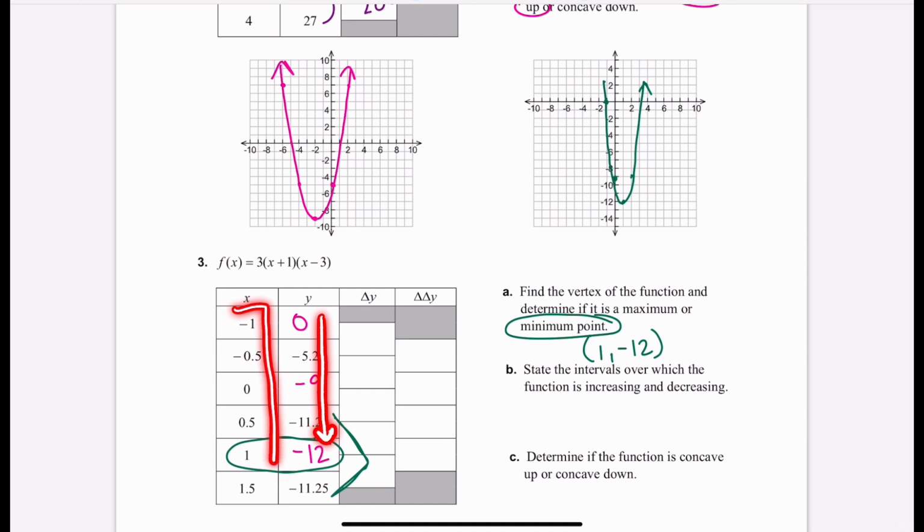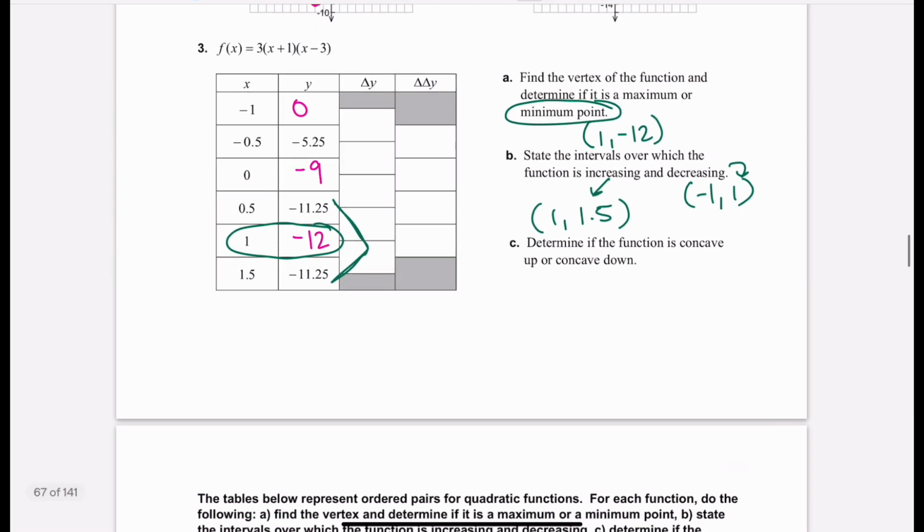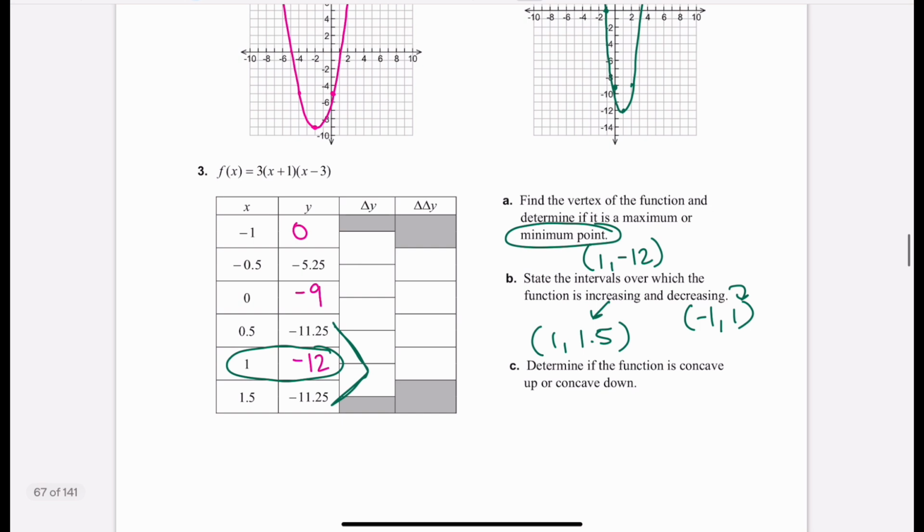So we're going to say from -1 to 1, it's decreasing. And then it's increasing from 1 to 1.5. Now this is pointing up, so it is concave up.